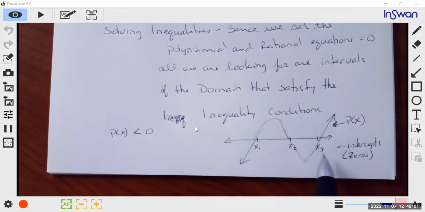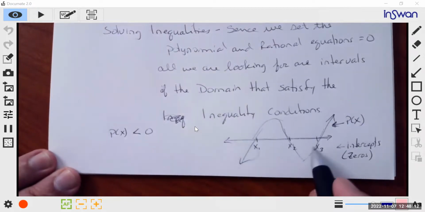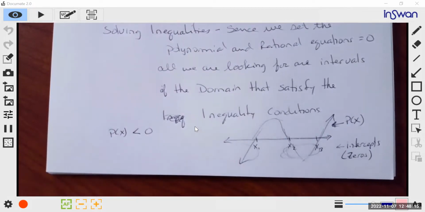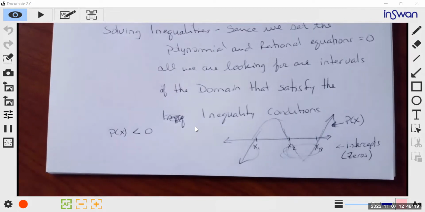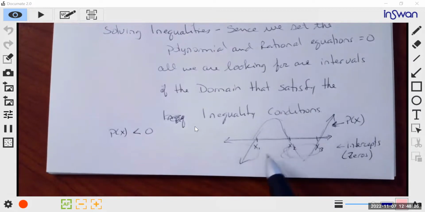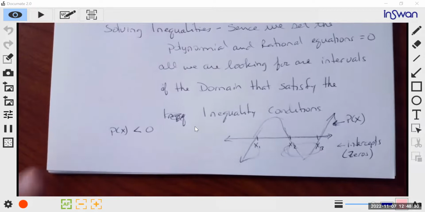So which part of these graphs, which intervals are we interested in? Anything below the x-axis is what we want. Since it's below 0, we want anything that's negative. So if we have the graph, we just look where it's below 0 and state the domain.